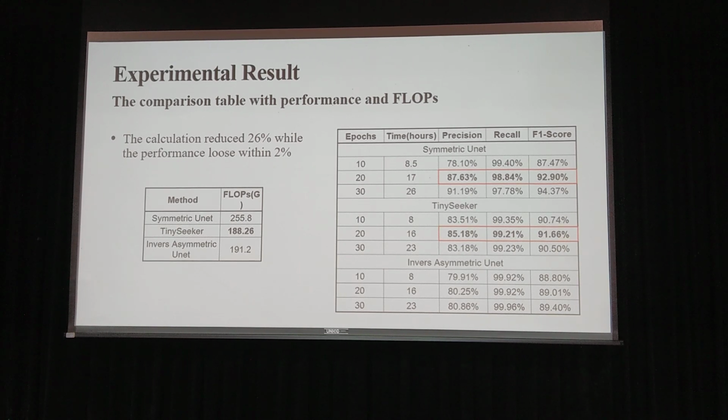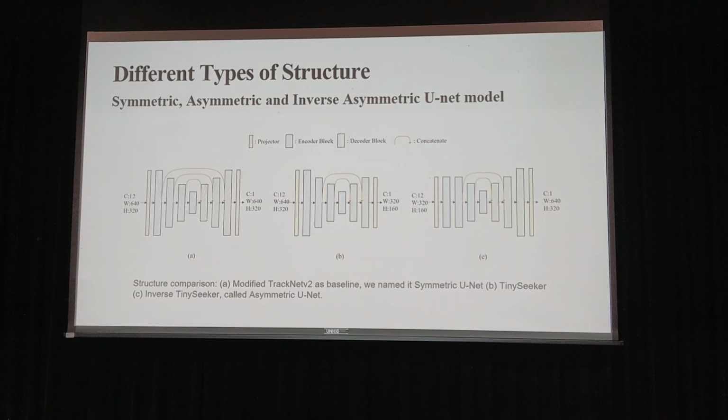And also, because our baseline uses this symmetric UNet, called TrackNet, proposed by National Jiao Tong University, and they also use it as the badminton tracker, we compare to them and use a similar structure to theirs. Okay, thank you.